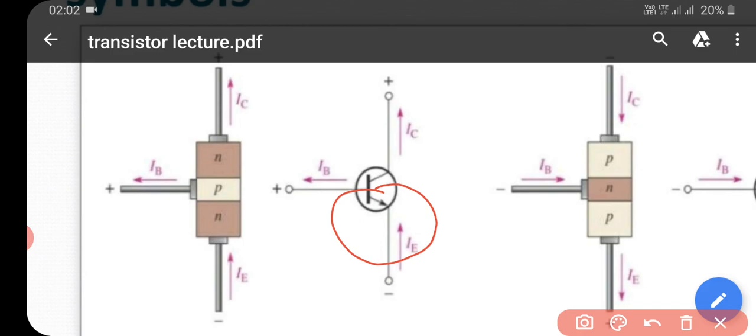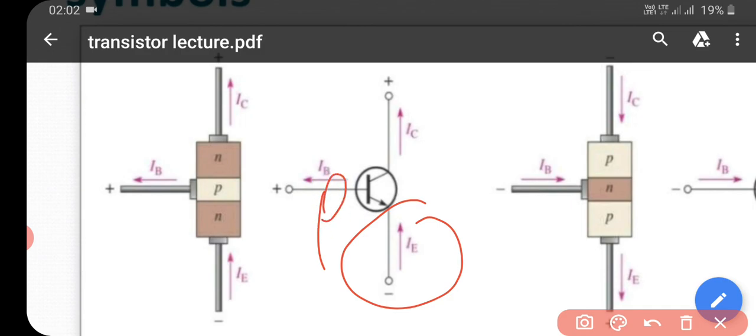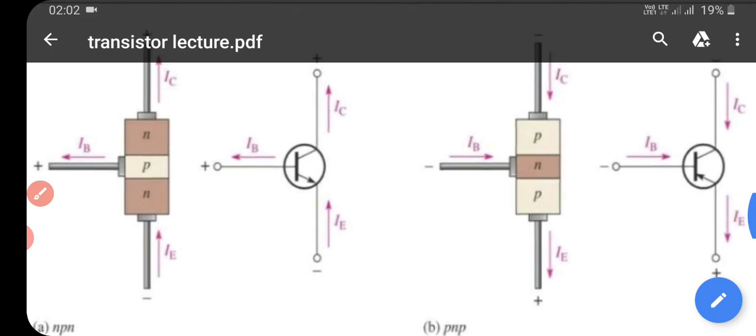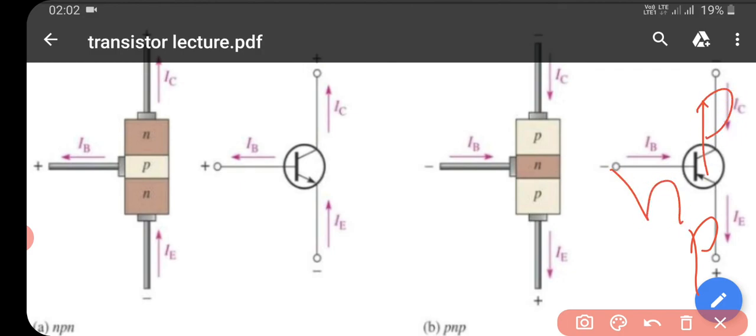In NPN transistor, the arrow is away from the base toward the emitter. This is P and this is N and this is N. So this is an NPN transistor. Similarly, in PNP transistor, we can write the P and N by using the direction of the arrow and find the type of transistor.